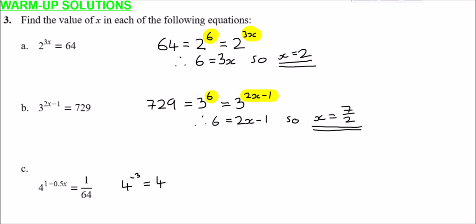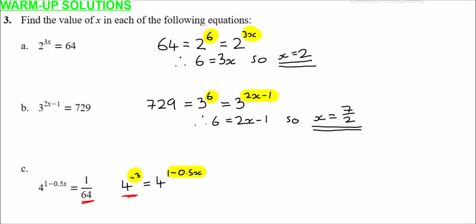So that's the same as 1 minus 0.5 to the power x. So all I've done here is put 1 over 64 as this. And because the bases are the same, in the same way as part A and B, we can equate the exponents.